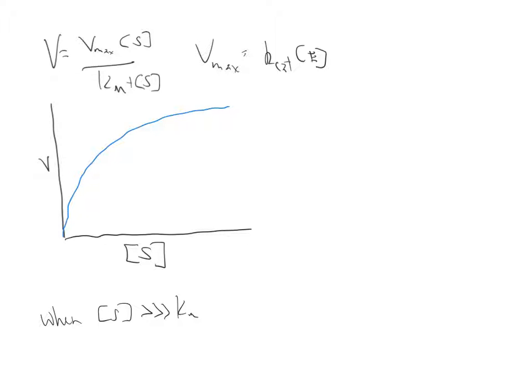This simplifies to where we have V equal to Vmax times S over what would be S, essentially, because it's so much bigger than Km that Km is minuscule. And then of course the S's cancel, and so we get that V is equal to Vmax.